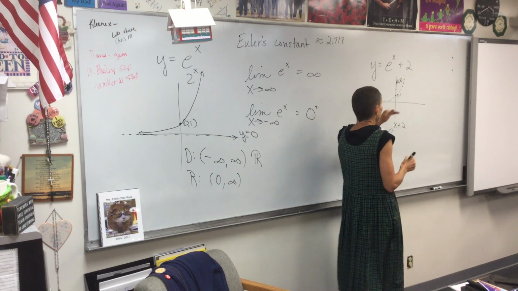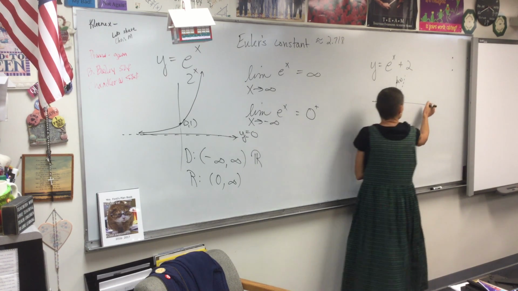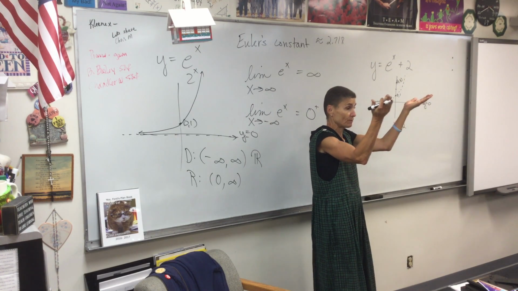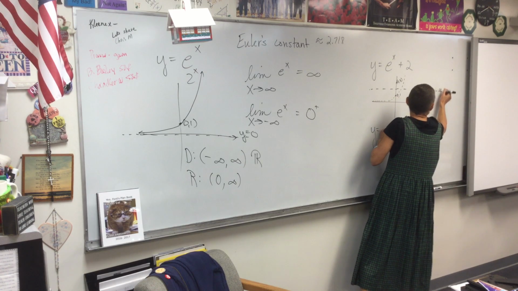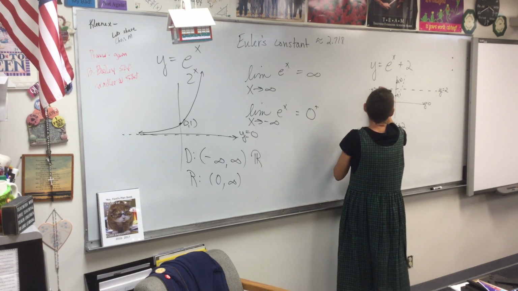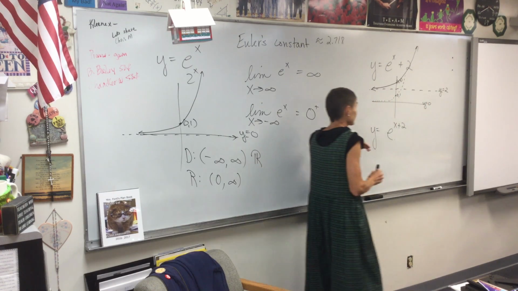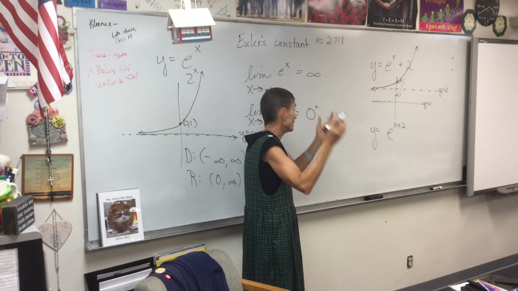But the shape remains more or less the same. And instead of the asymptote being at y = 0, everything got shifted up. So now my asymptote is at y = 2. And like Patty said, I have exactly the same picture. It's just picked up 2 units.